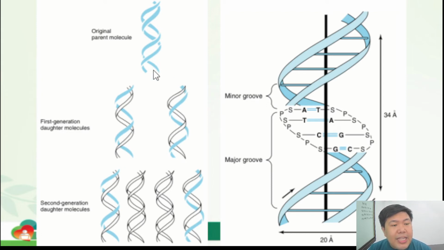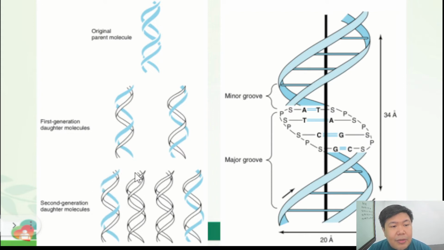Before we go into DNA synthesis, I would like first to tell you that once we have an original parent and it undergoes DNA replication, the daughter DNA will both have one strand of the parent. Each of them has one parent strand. But after the second generation, only one out of the two daughter cells will have that original parent strand.